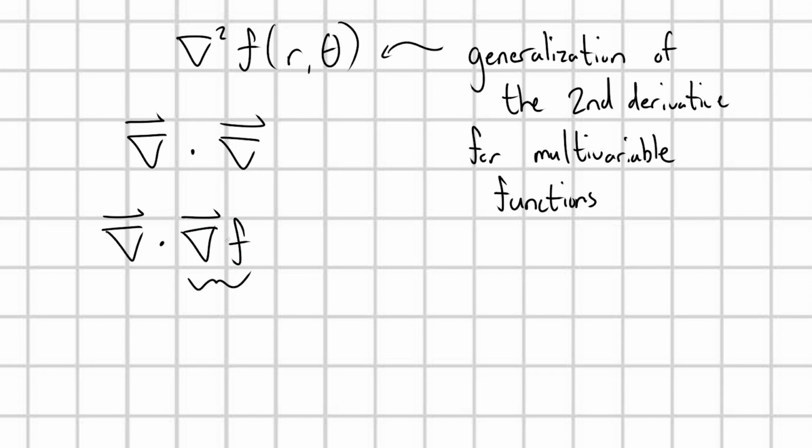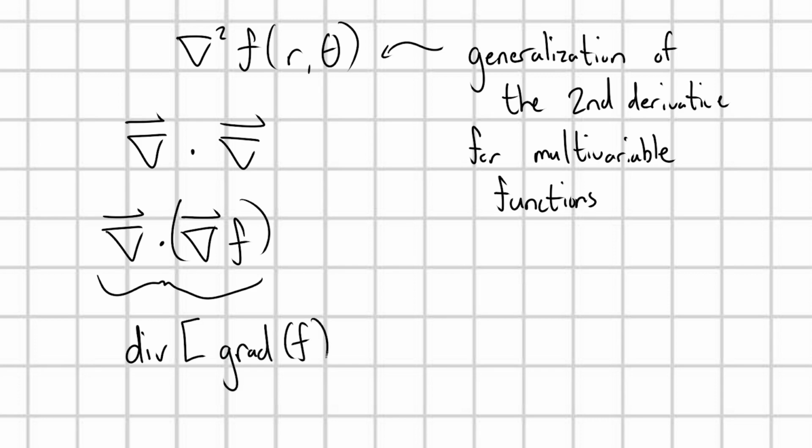This is the gradient of my function f. And so we're taking the divergence of the gradient of my function f. Okay, so if I were to write this out, here's the gradient part. So it's like I'm taking the divergence of the gradient of my function f when I apply the Laplacian on it.